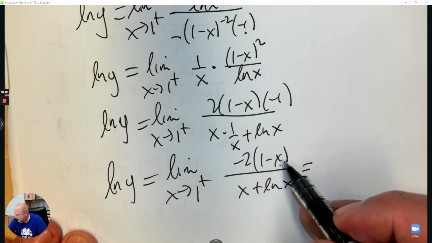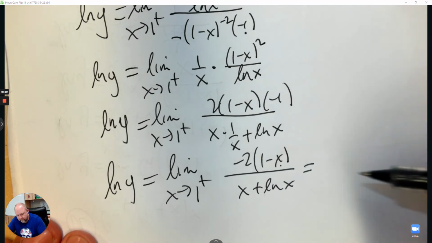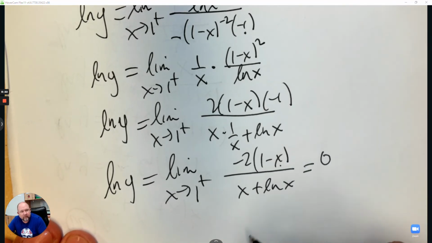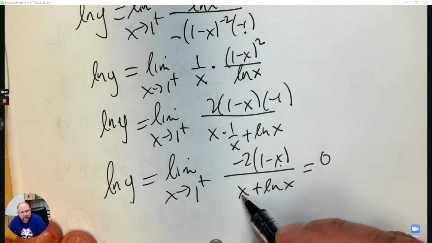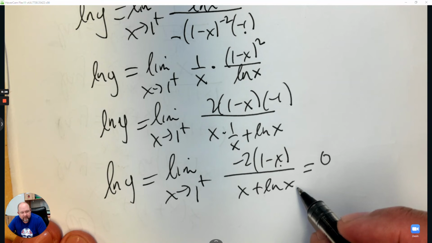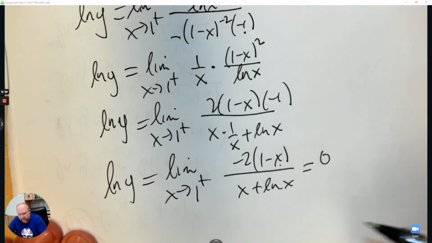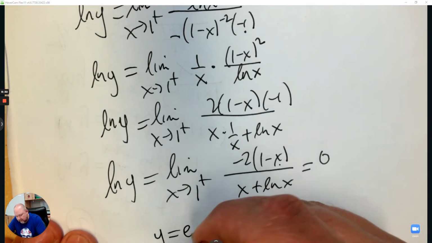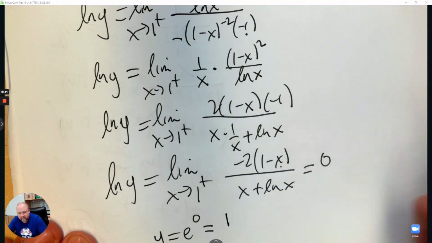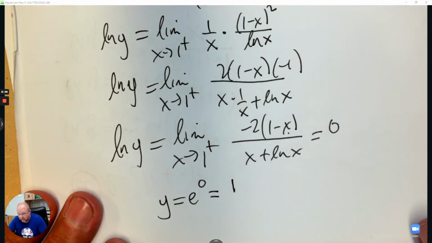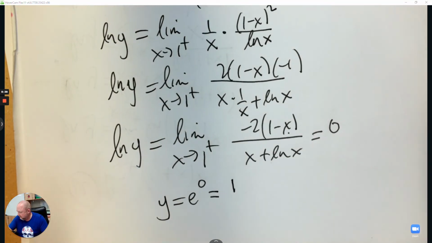So if I plug in 1, all of that goes to 0. Because 1 plus ln 1 is just 1. So it's 0 over 1, which is 0. So that means y equals e to the 0, or 1. Man, that was a lot of work to get to there. All right, enough of that.